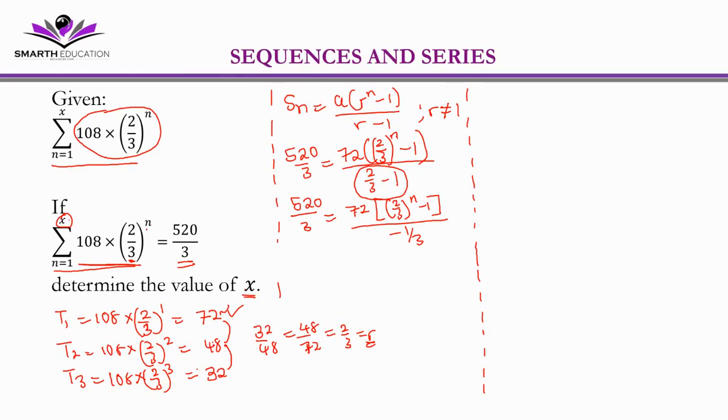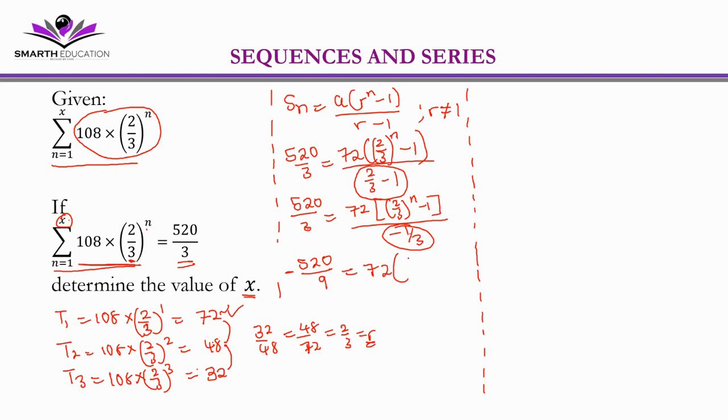Someone can say 72 divided by negative 1 over 3 is still okay, but I decided to multiply with this denominator to get rid of it. So I multiply 520 over 3 times negative 1 over 3, and we get negative 520 over 9 is equal to 72.